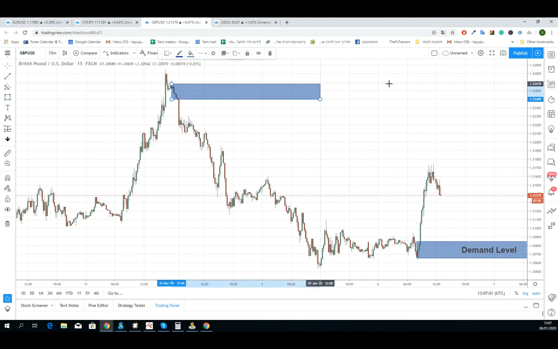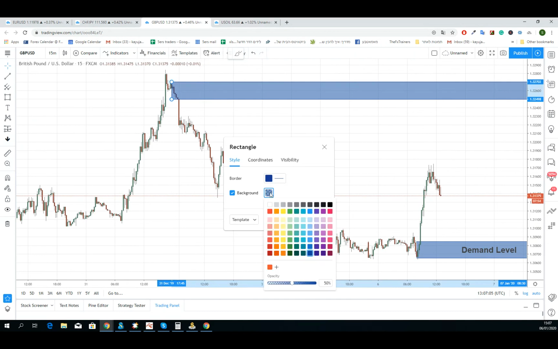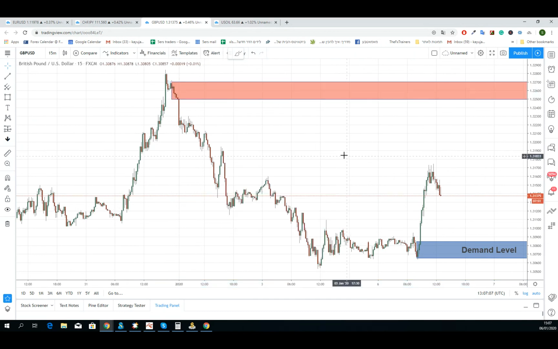I'll mark this one and color it red. So for the intraday traders, I think those are the next two key levels to look for a position. This demand below is a great level for a buy position.